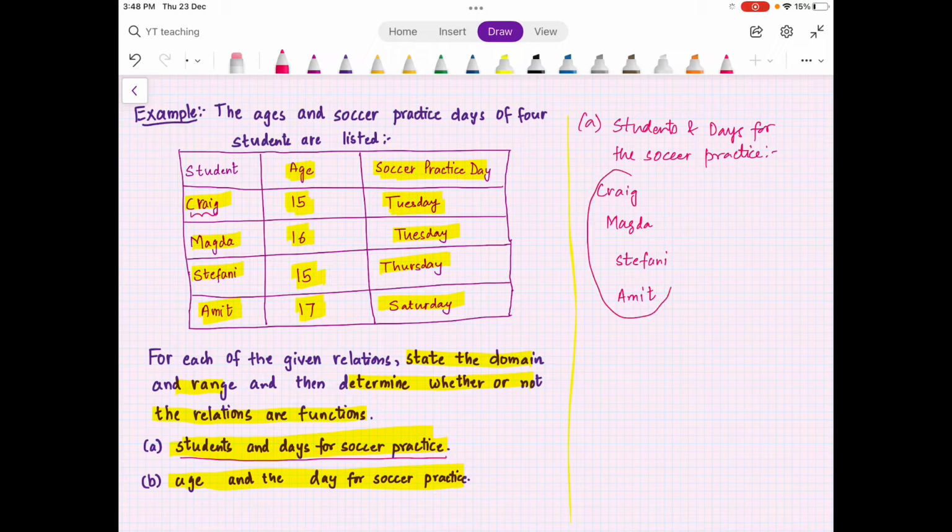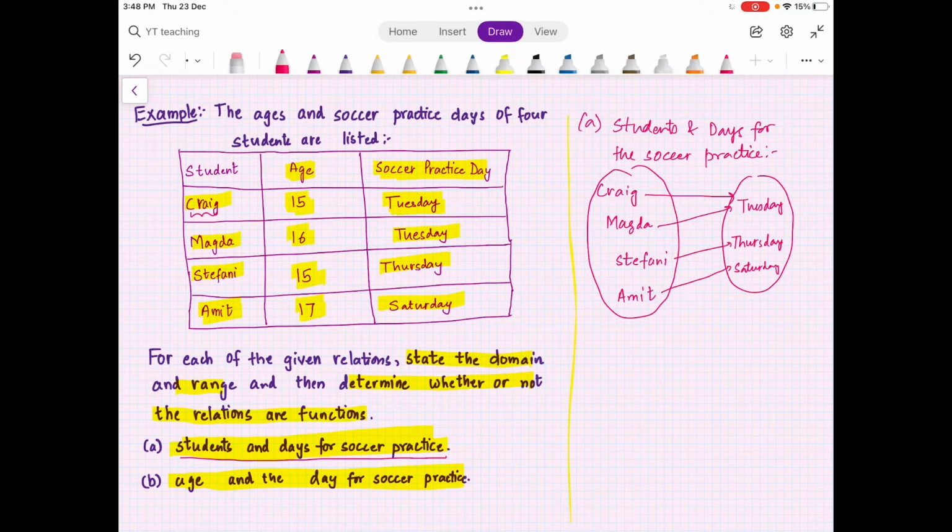And then you have your practice days. They are Tuesday, and then Tuesday, and then Thursday. Let me write Tuesday only once. So you have Thursday and Saturday. So the relation looks like that. Craig is on Tuesdays, Magda is on Tuesdays, Stephanie is on Thursday, and Amit is on Saturday.